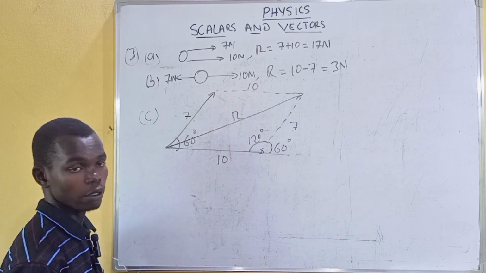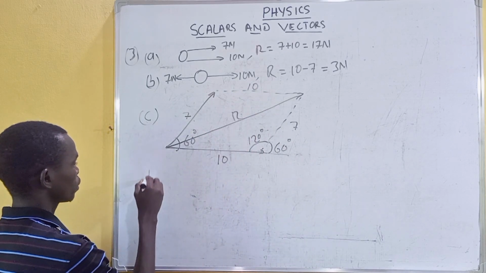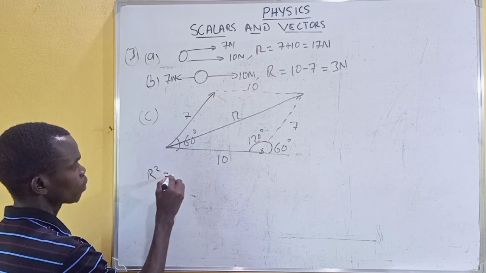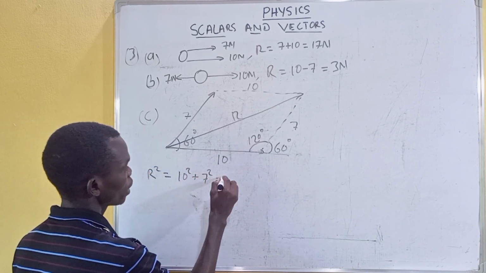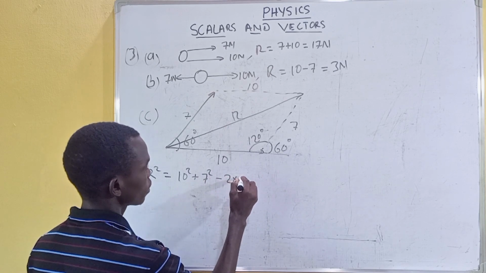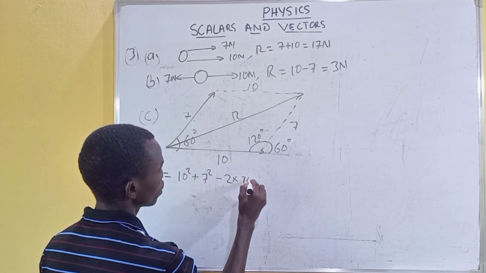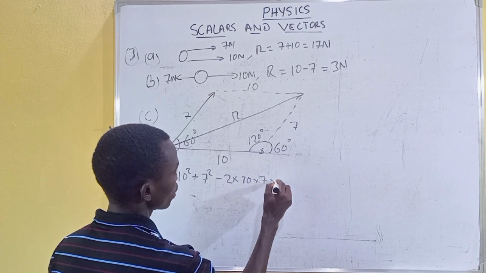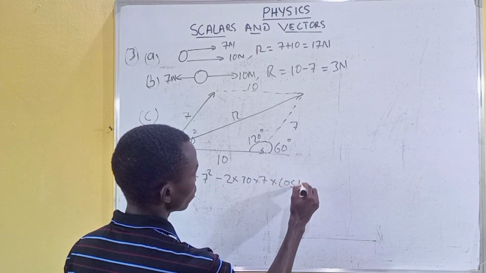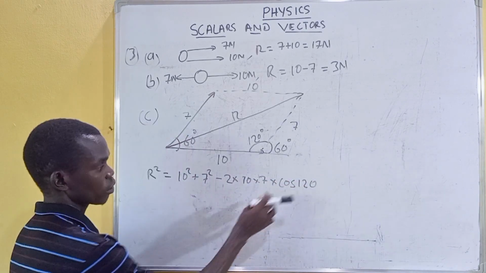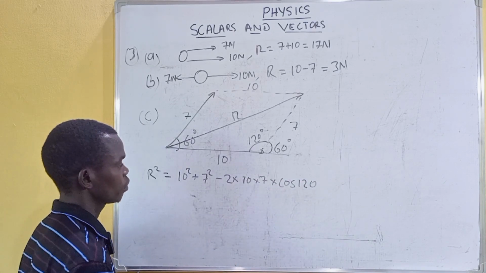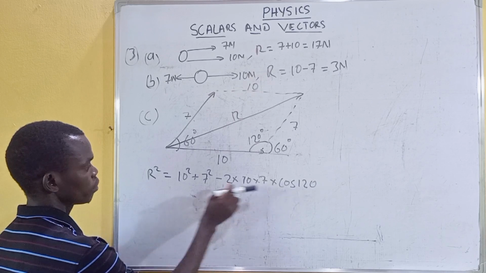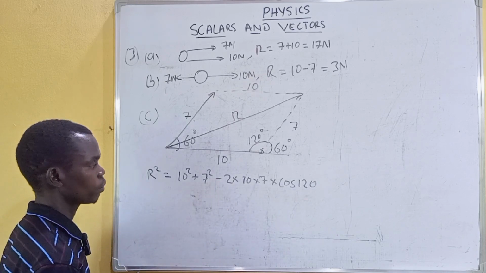With this, we can find our resultant using the cosine rule, which is r squared equal to 10 squared plus 7 squared minus 2 times 10 times 7 times cos 120. Cos 120 will be minus 0.5. That negative, we change to be positive.